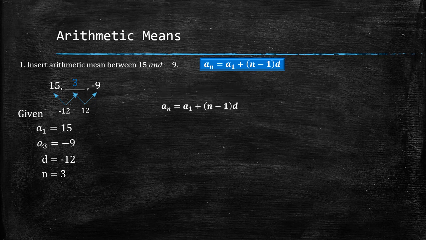So let's try to check if we can get it using the formula. Let's say we don't know the second term, which is 3, and we want to find it. We have 15 as the first term, n is 2 because we are looking for the second term, and our difference is negative 12.